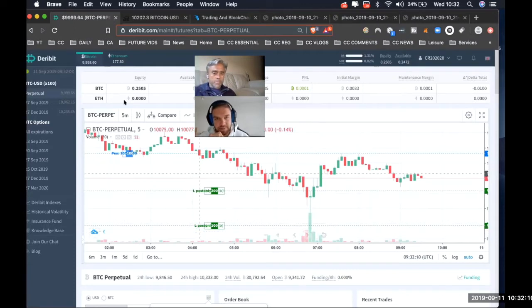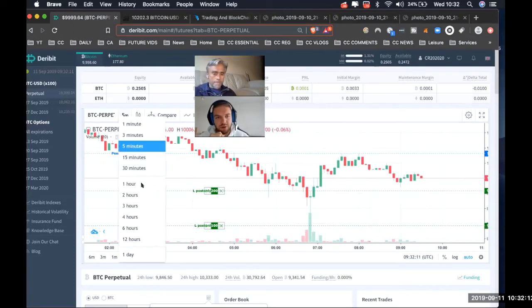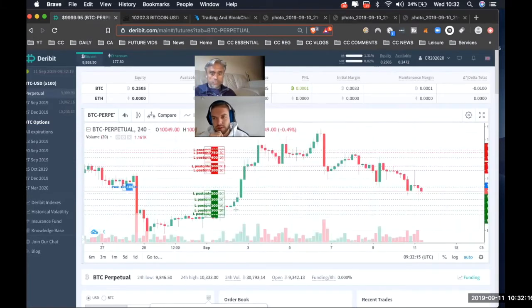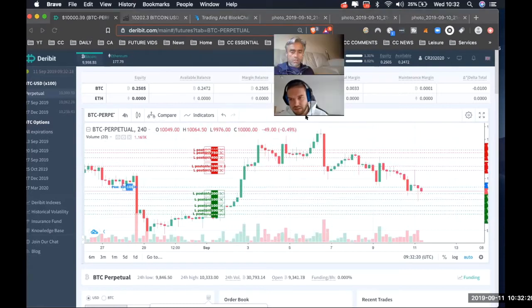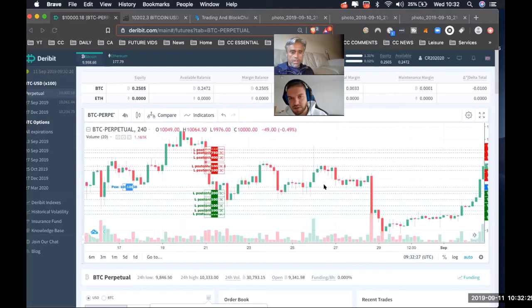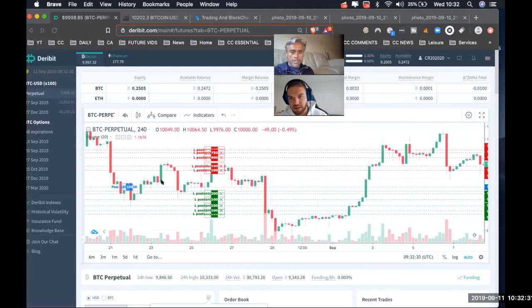Should we put in 4 hours? Yeah, let's put 4 hours. Okay, and then just move the screen more to the right so we can see the positions. On the right, there are the exact positions and the price levels. Here they are, right? No, this is only telling for what amount to buy in.